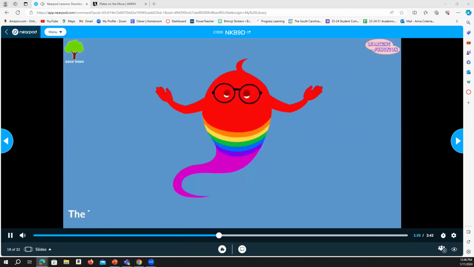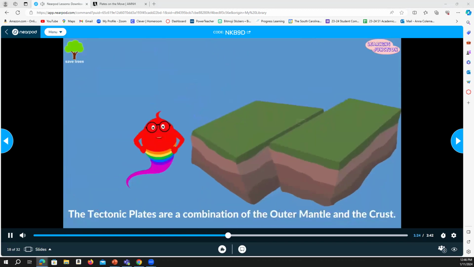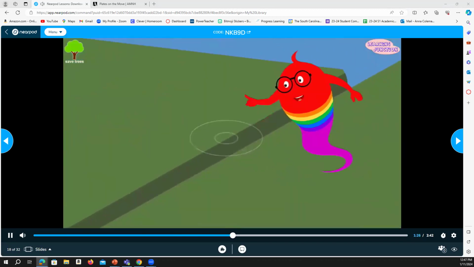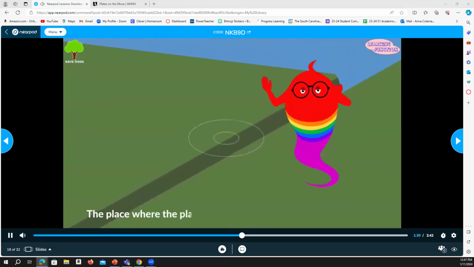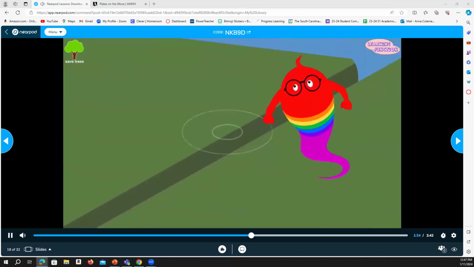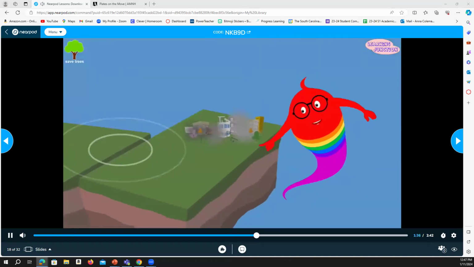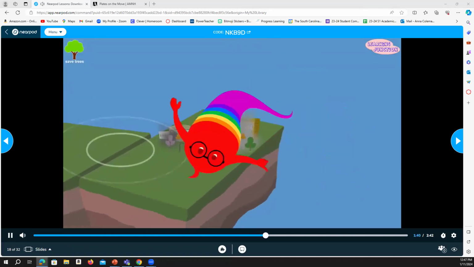Tectonic plates. The tectonic plates are a combination of the outer mantle and the crust. These plates move very slowly, about a couple of inches per year. The place where the plates touch each other is known as the fault. When the plates move and the boundaries bump up against each other, it may cause an earthquake.